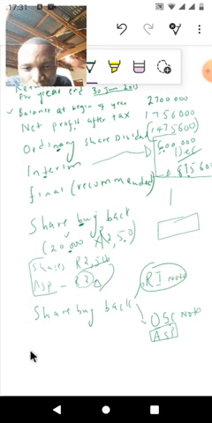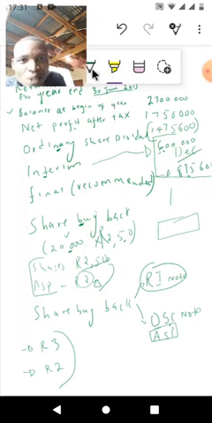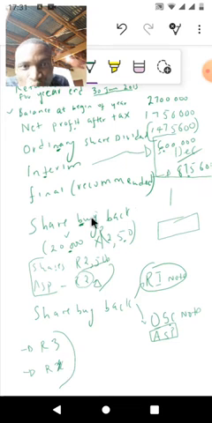Let me bring another scenario. Let me say we bought back each share for 3 rand. And let me say the average share price is 4 rand.